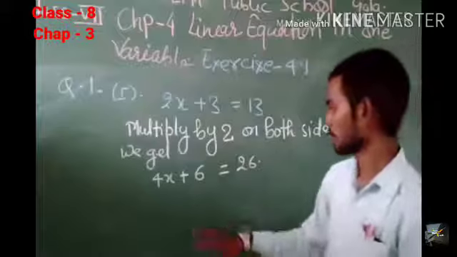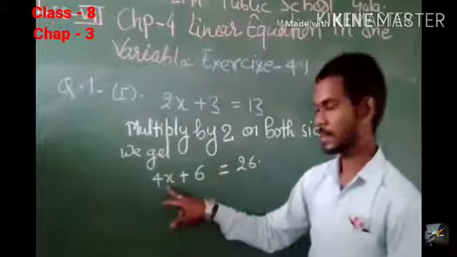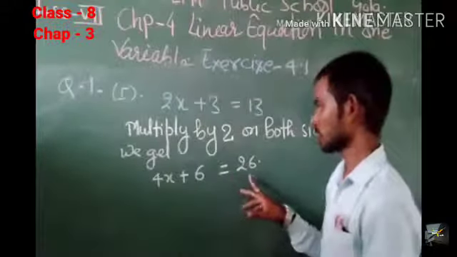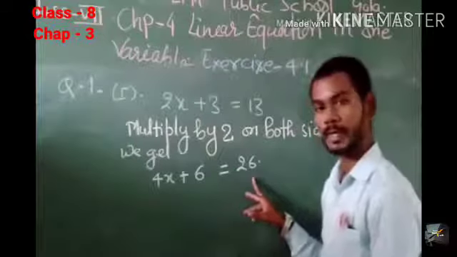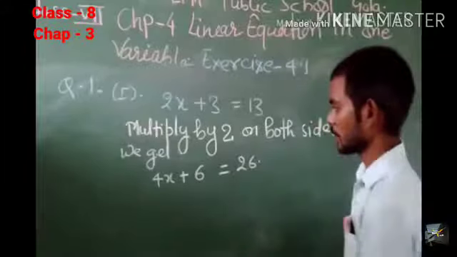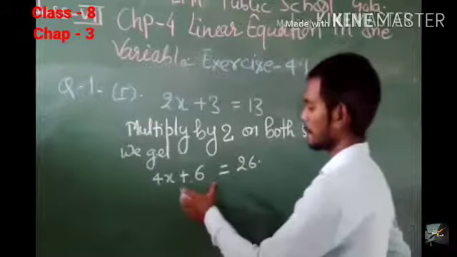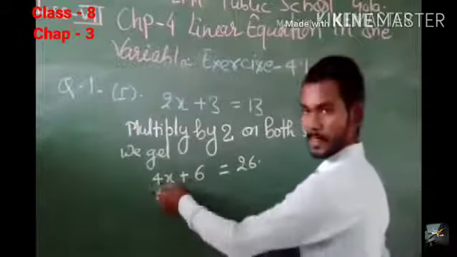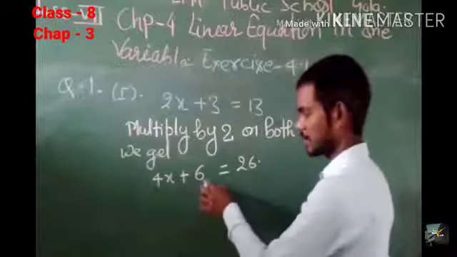Now, our new equation becomes 4x plus 6 is equal to 26. Here we can see that the x contains 4 as well as 6.